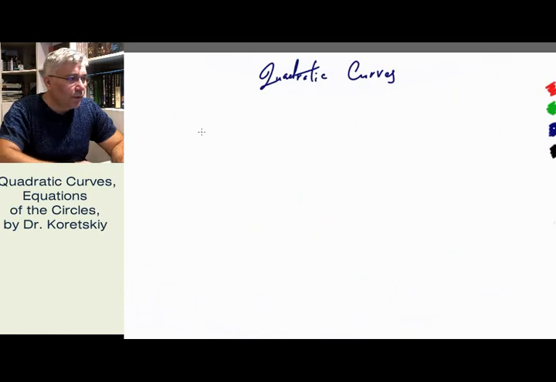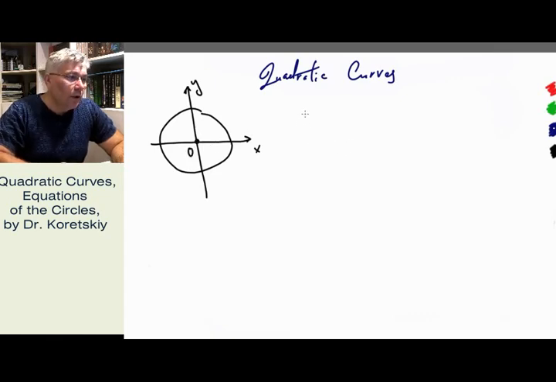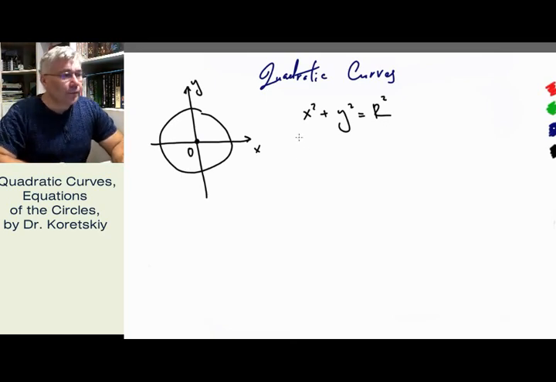Sometimes you can deal with the parametric equation of the circle. So if we have a circle around the origin of the xy coordinate system, we know that the equation of this circle you can write down as x squared plus y squared equals r squared, and here you have r.